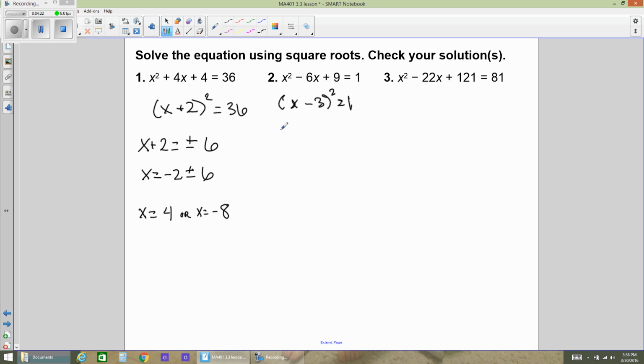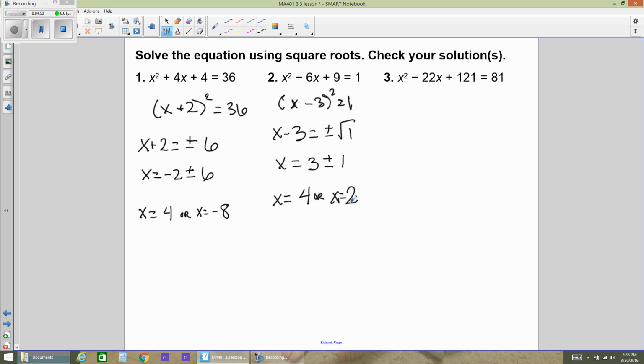I'm going to go ahead and square root both sides. So x minus 3 is equal to plus or minus the square root of 1, which is just 1. So x equals 3 plus or minus 1. Well, 3 plus 1 is 4, or 3 minus 1 is 2.